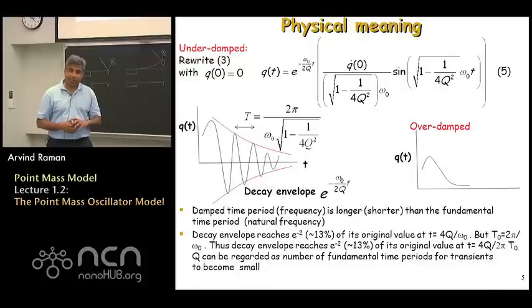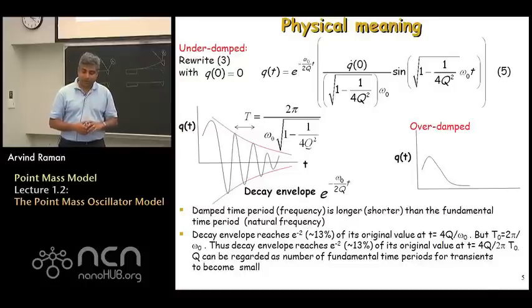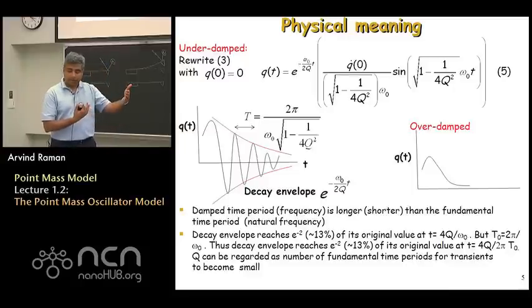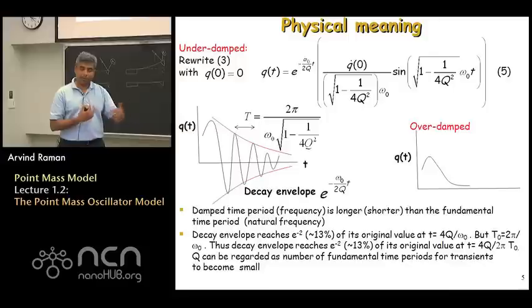If you take the expression for the fundamental time period, you can show that in a time equal to 4Q divided by 2 pi times the fundamental time period, the original amplitude decays by about 13%.